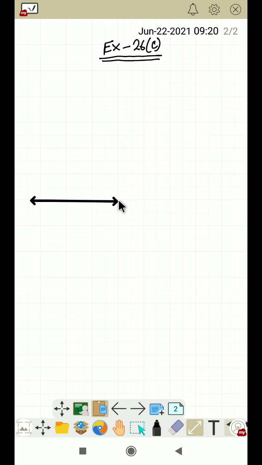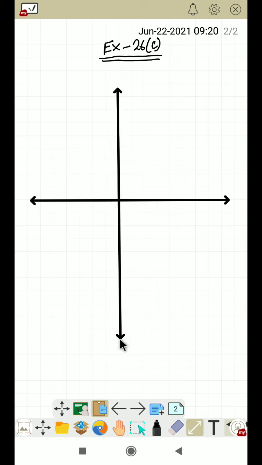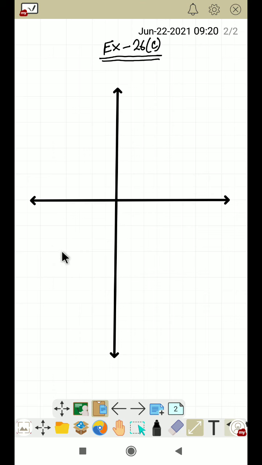This is the x-axis, this is the y-axis, and one line is given, AB. This is XO, X dash, and YO, Y dash.